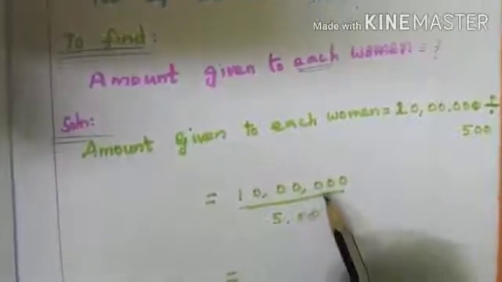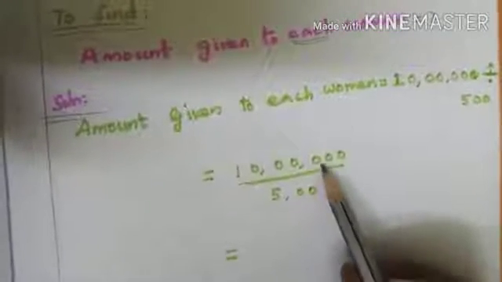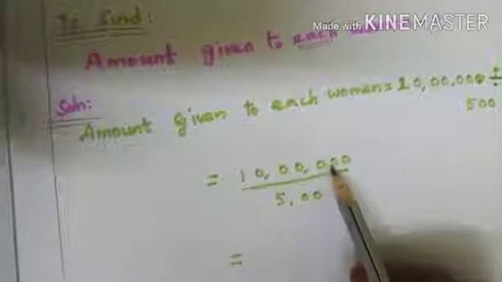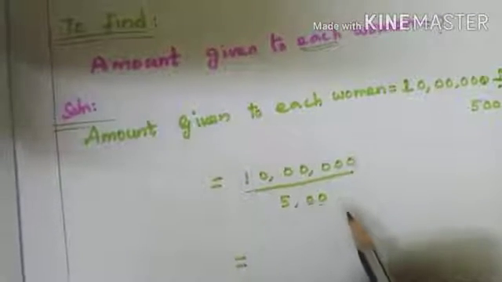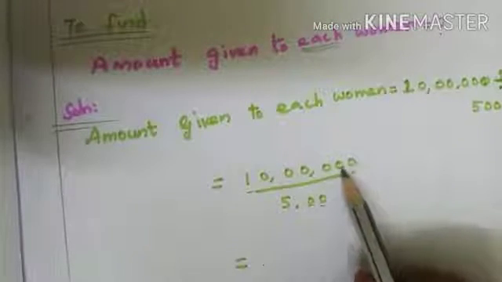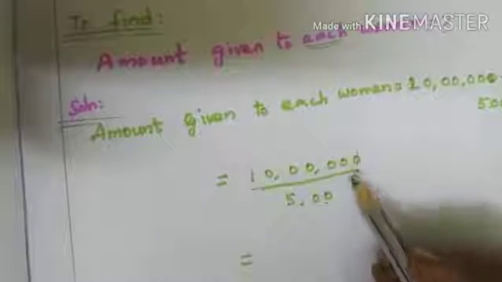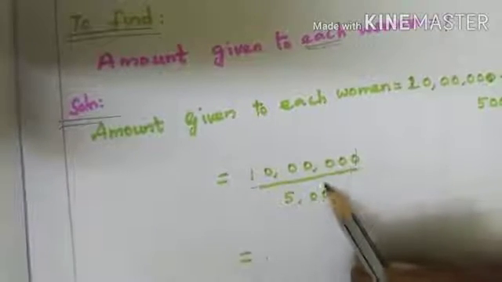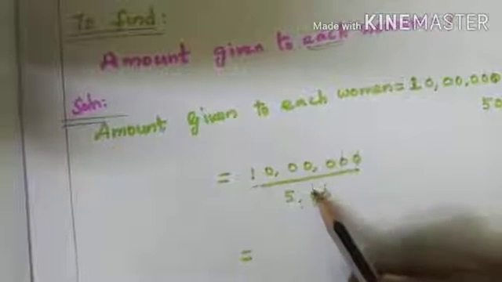Whenever a number is given in the numerator and denominator, if it ends with zeros, we can strike them. You see here how many zeros are there? 2 zeros. Here we are having 6 zeros. We can strike 1 zero in the numerator and 1 zero in the denominator. Another zero also we can strike.